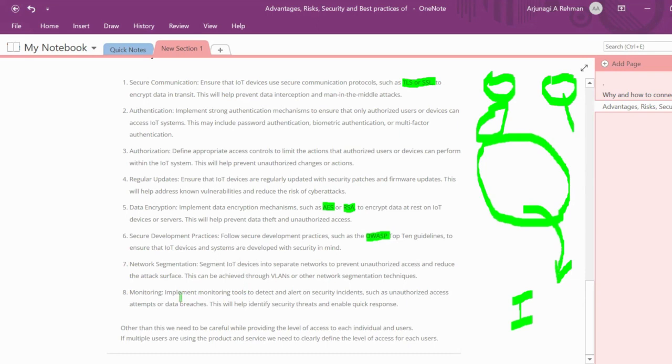Eighth point is monitoring. Implement monitoring tools to detect and alert on security incidents such as unauthorized access attempts or data breaches. This will help identify security threats and enable quick response.